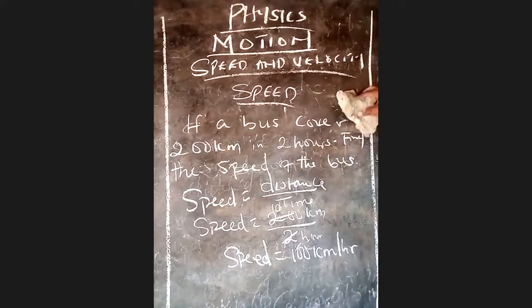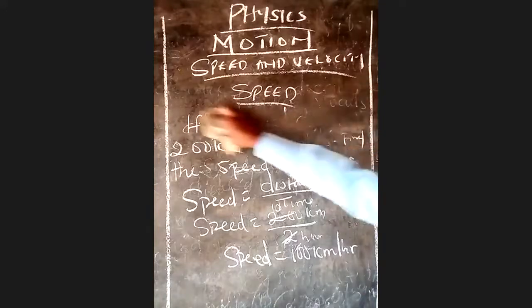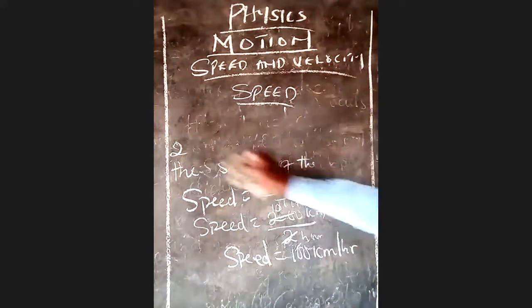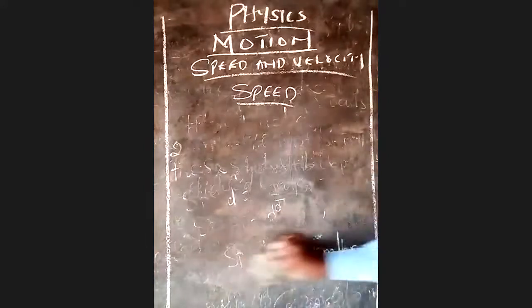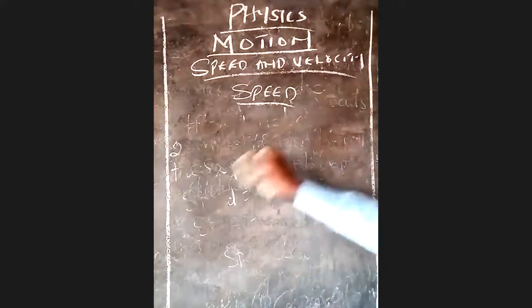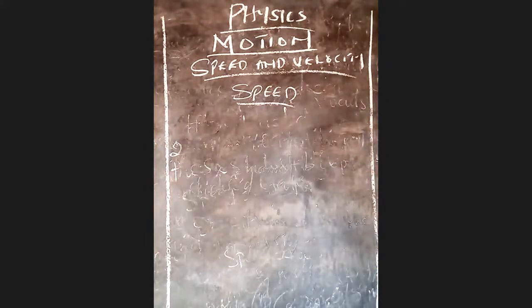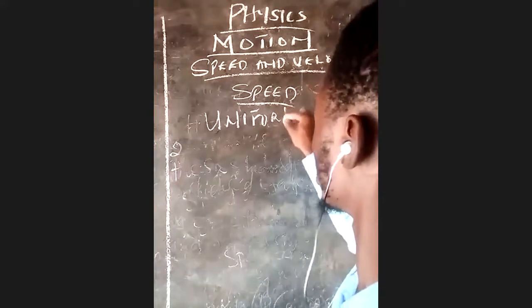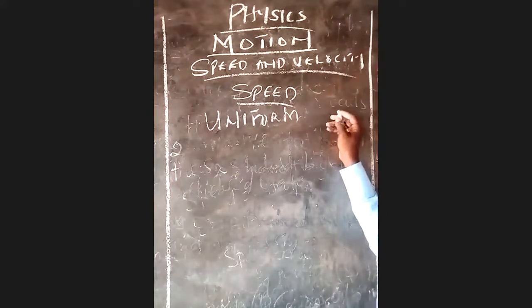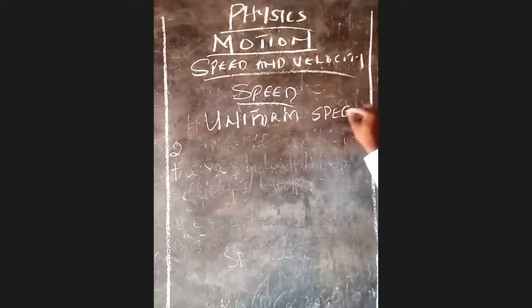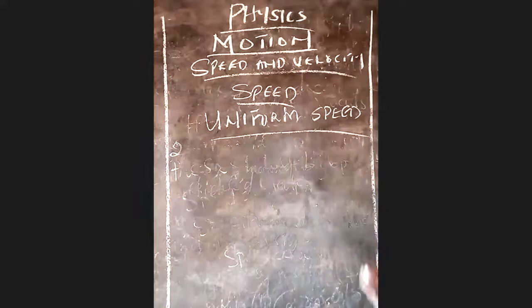Now, let's talk about uniform speed. When you were asked to find the average speed, that is distance all over time. Now we are dealing with speed, uniform speed.